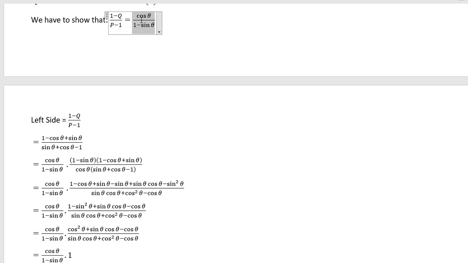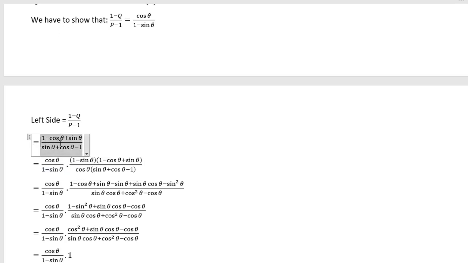At some point you will get the right side. So to make this kind of math easy, you can write this cos theta by 1 minus sin theta.